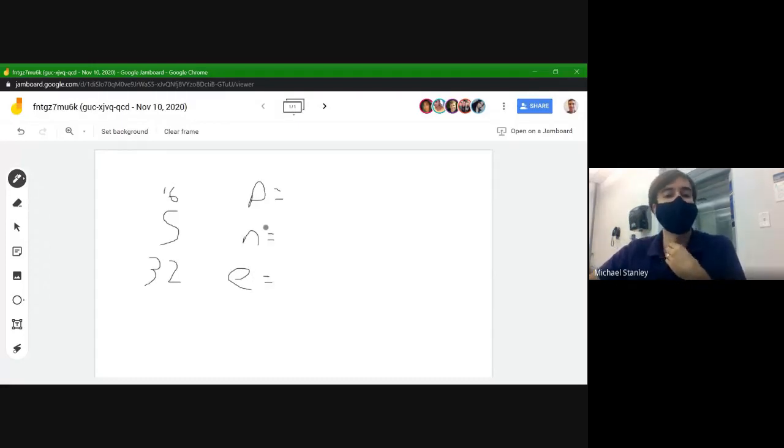So I want to figure out how many protons, how many neutrons, and how many electrons we have in sulfur. So besides Elena or Jonathan, who can tell me how many protons we have in sulfur?